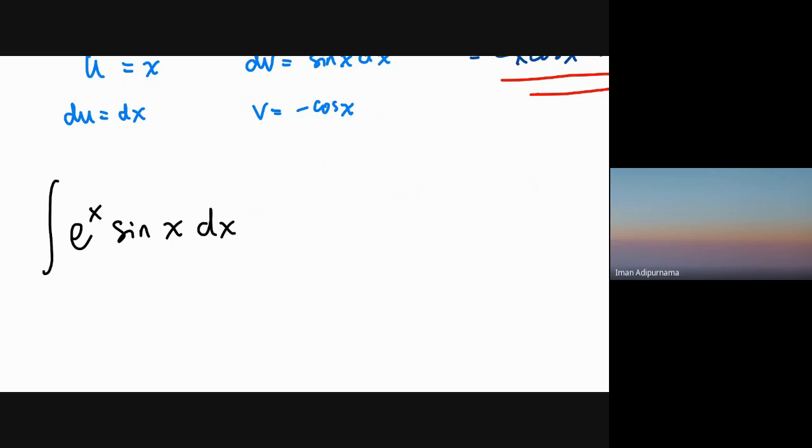Now the problem is, for e, if you want to derive or integrate, it is still e, right? So there are some tricks to solve this one.